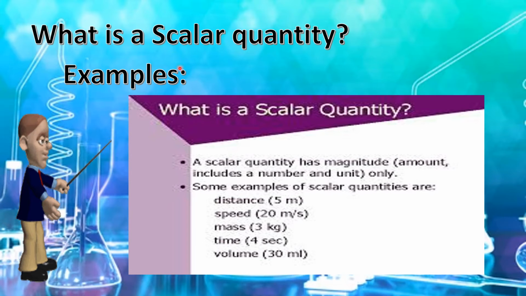The third definition: a scalar quantity has magnitude, or what you call the amount, which includes the number or unit only, but it has no direction. When you say direction, it means north, east, south, west.